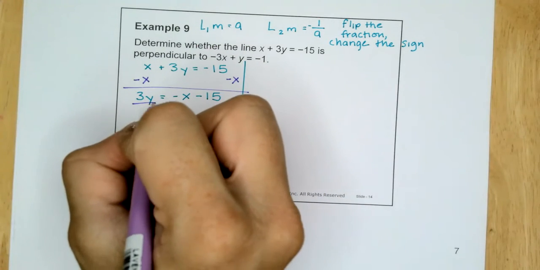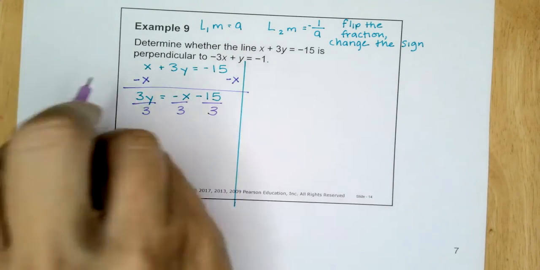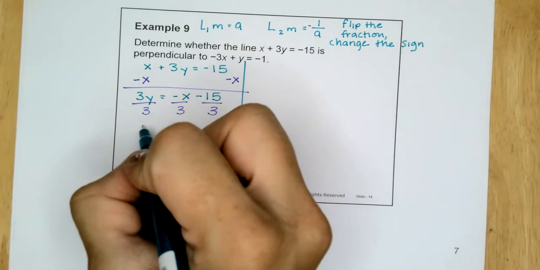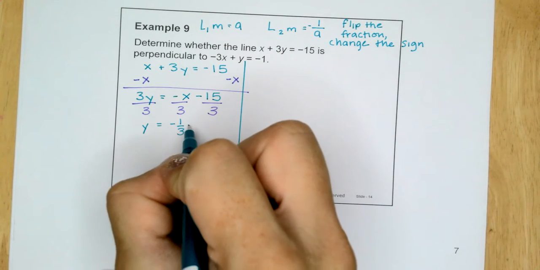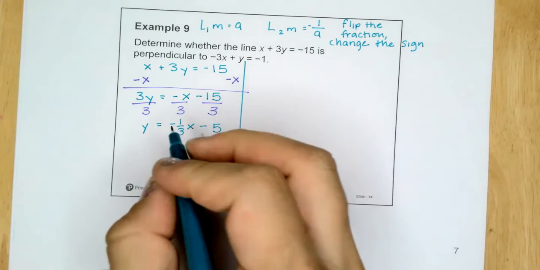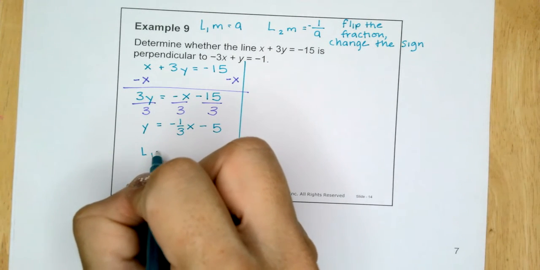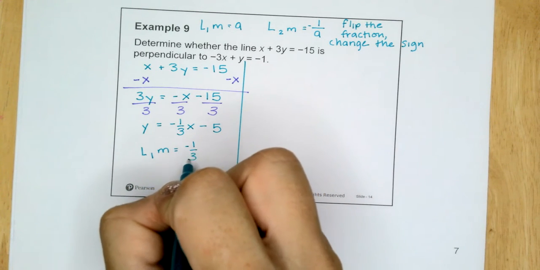Divide everything by 3 to get y alone. Now y equals negative 1/3 x minus 15 divided by 3 is 5. So this slope of L1 is negative 1/3.